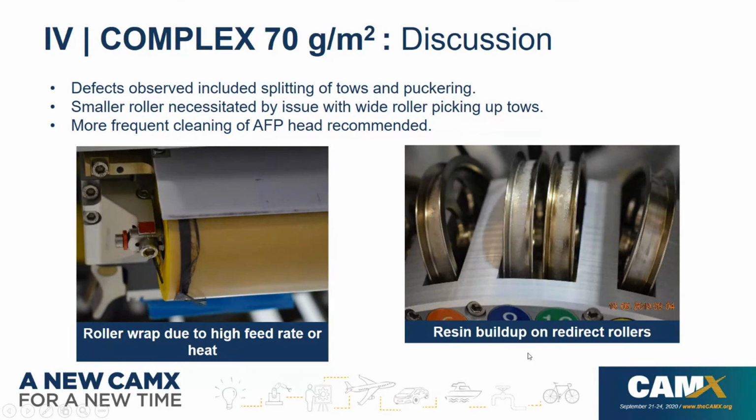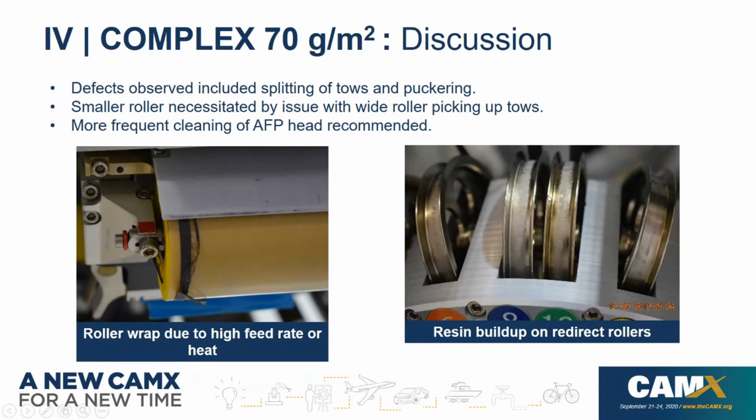These are some elements that were observed, very, very important ones. First of all, we needed to use a smaller roller instead of the wider roller. And this is to minimize the issues of the wider roller picking up tows as well as accessibility issues. But also we've noticed the need for a more frequent cleaning of the AFP head that was recommended because of the resin buildup on the redirect rollers.